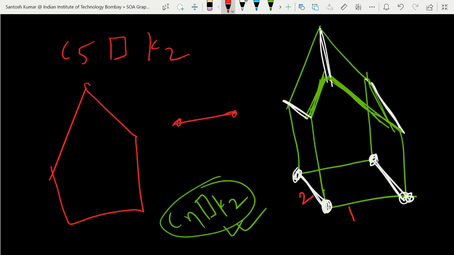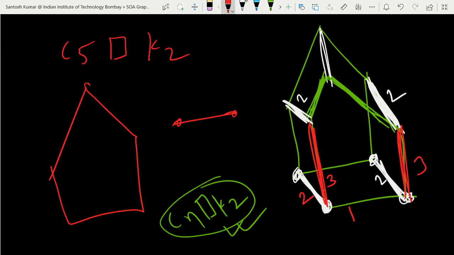See, 1, 2, 3, suppose. So you can make 2 this, 2 this, 2 you can make this, and you can make this 2 also. This is 3, this is 3, this is 3, and this is 3. Okay, and this is 1, 1.